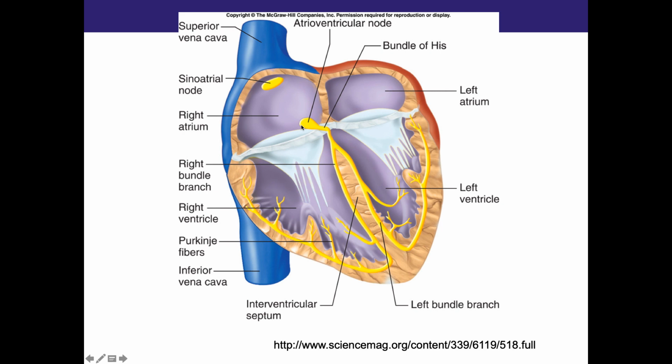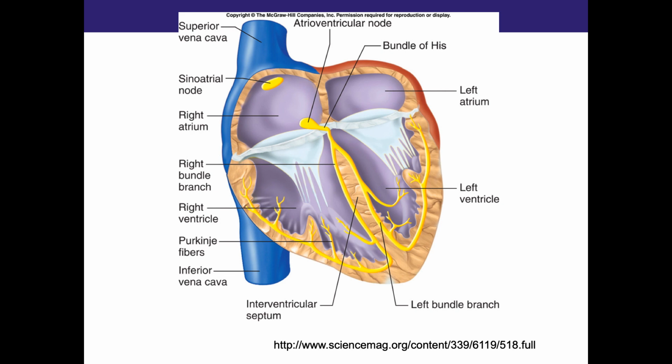Now, the AV node does express funny channels, but it doesn't depolarize as fast as the SA node. So if someone has atrial fibrillation, where their atria aren't contracting, then the AV node actually takes over as the pacemaker. So you have some redundancy to help make sure that blood keeps pumping.